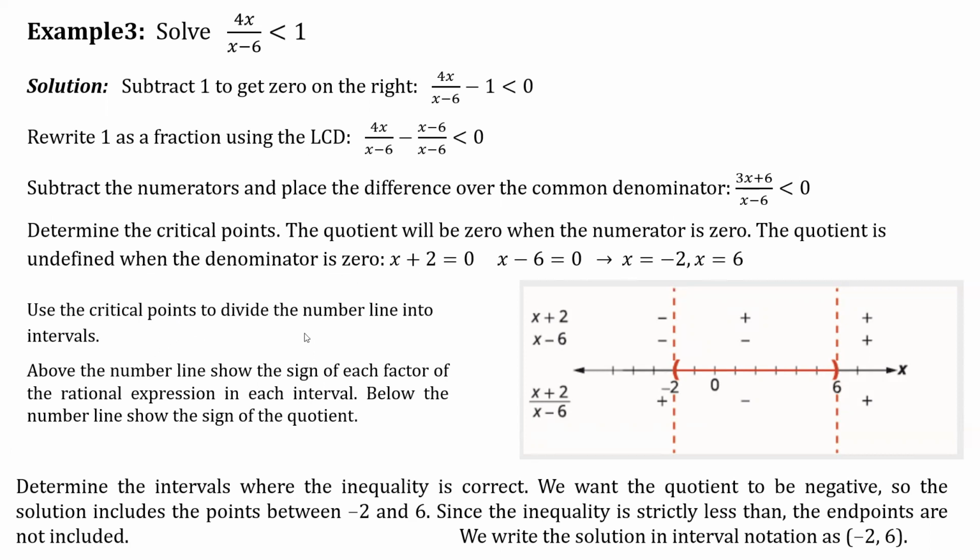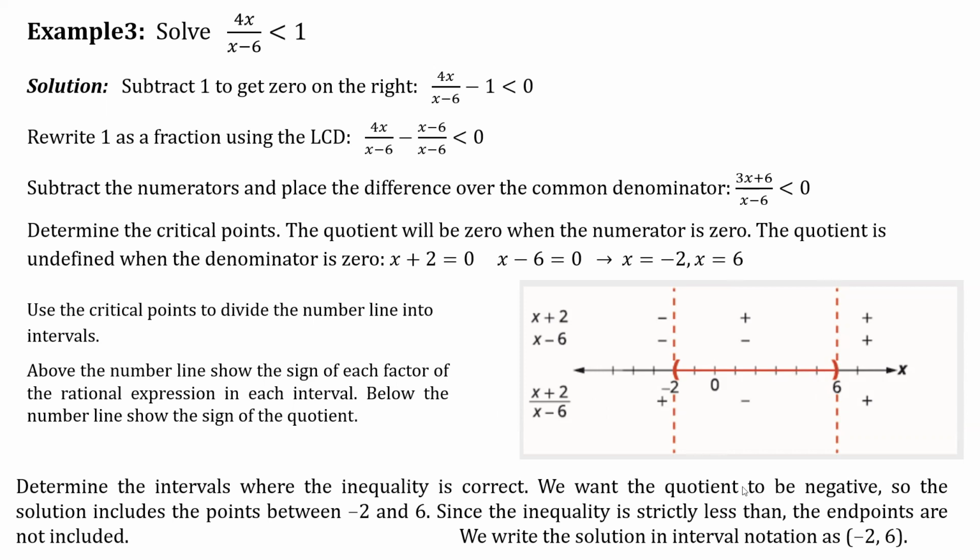Use the critical points to divide the number line into intervals. Above the number line shows the sign of each factor of the rational expression in each interval. Below the number line shows the sign of the quotient. Determine the interval where the inequality is correct. It is the interval where the quotient is less than 0.